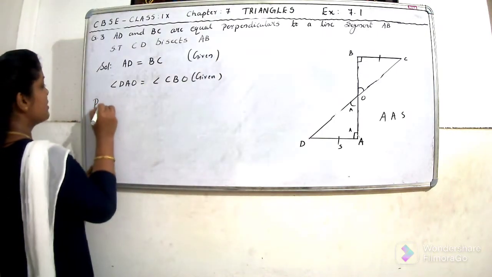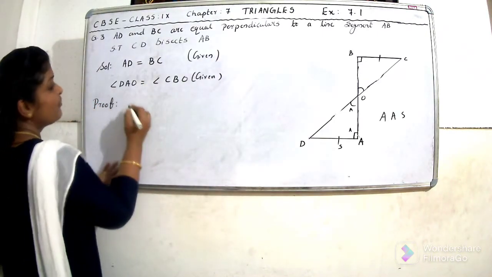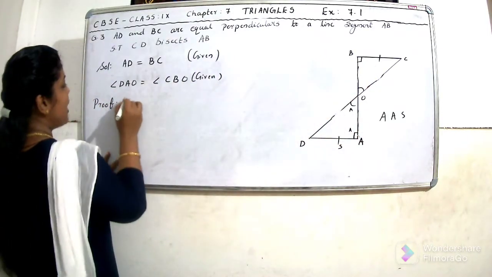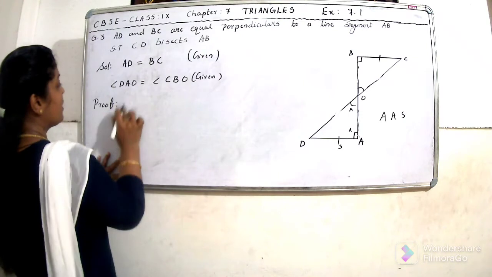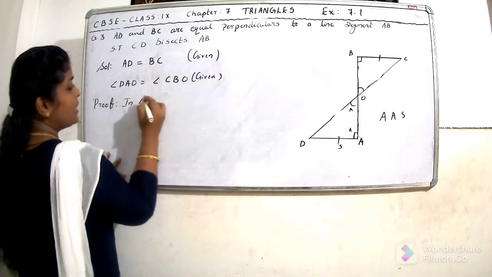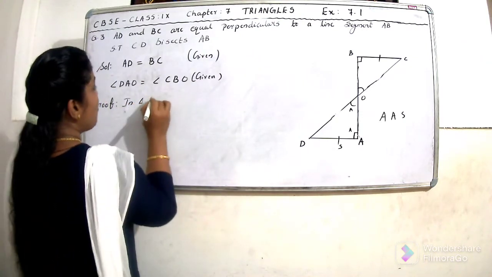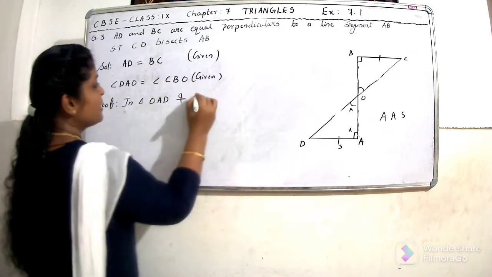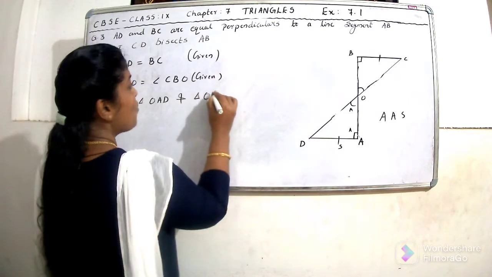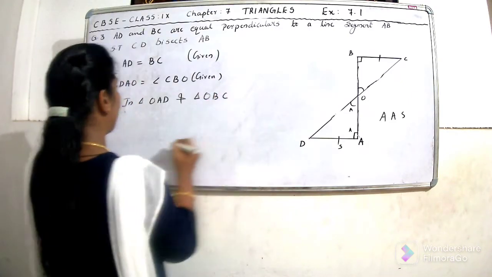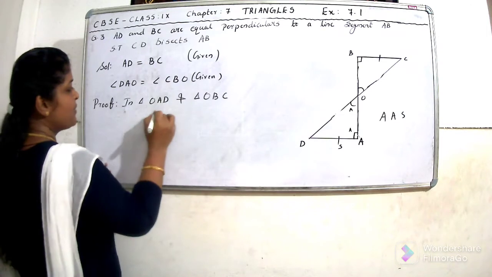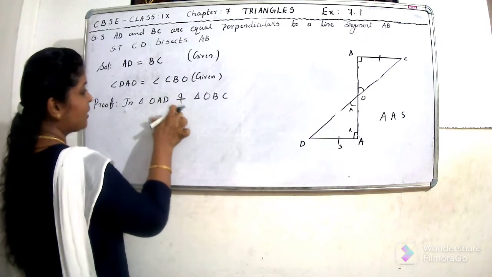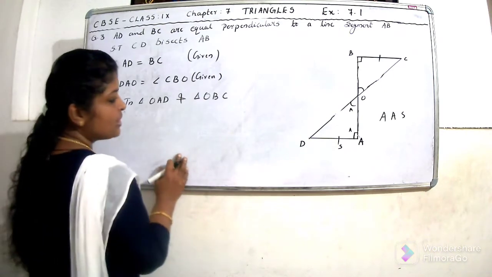Now we are starting the proof. Which two triangles do we have to consider? These two triangles. So in triangle OAD and triangle OBC, now we have to write the corresponding parts. First, which angle can we take?